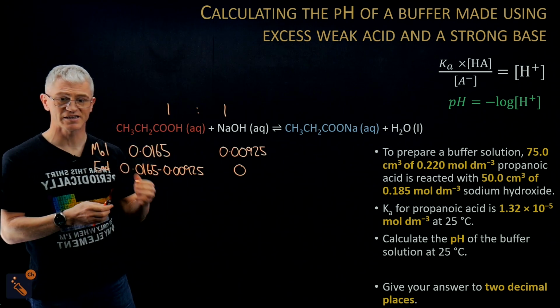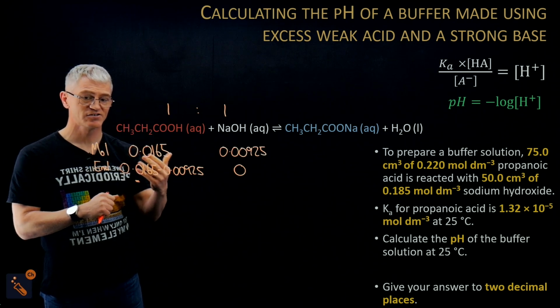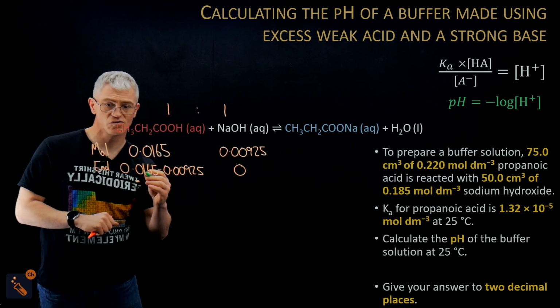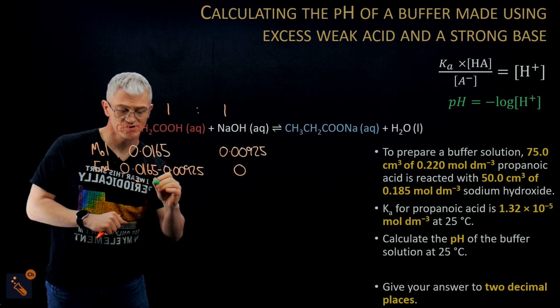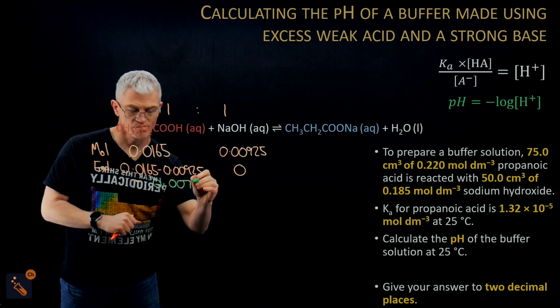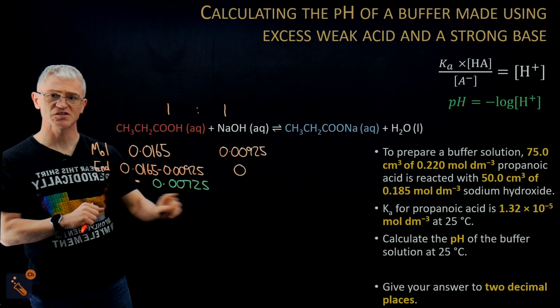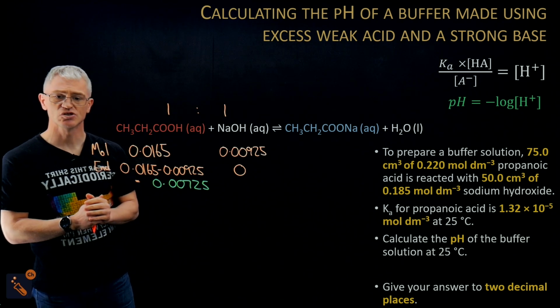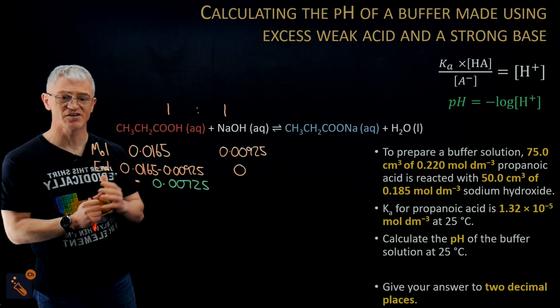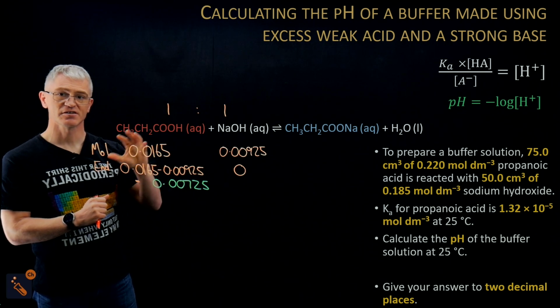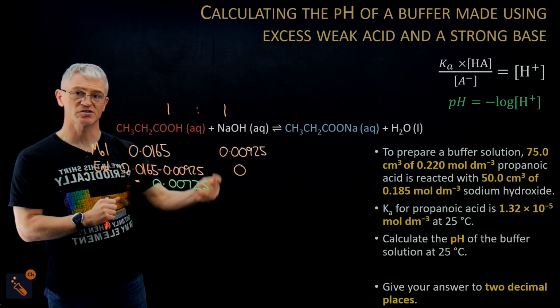Which then equals, and that's our acid remaining, 0.00725. Sorry about the squeaky pen. So 0.00725 is our acid remaining, and we've used up all the sodium hydroxide.